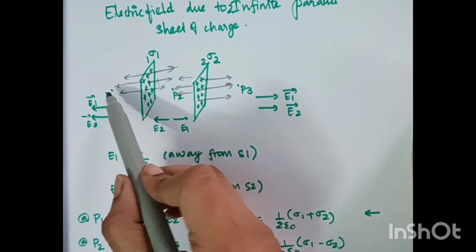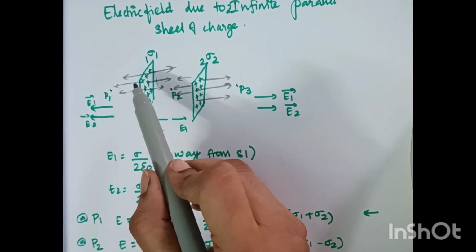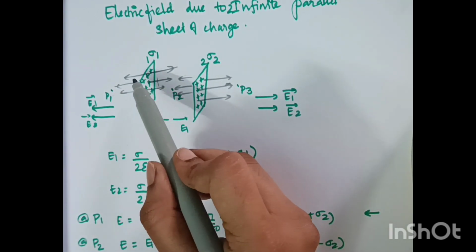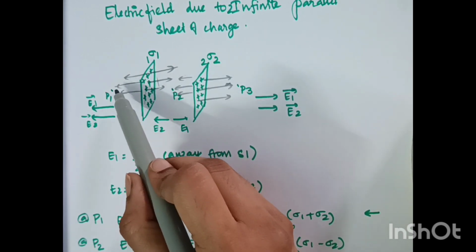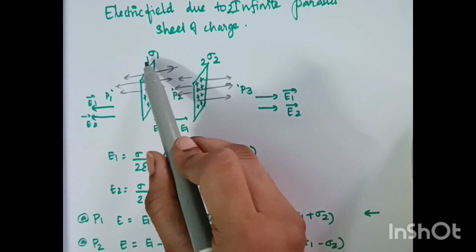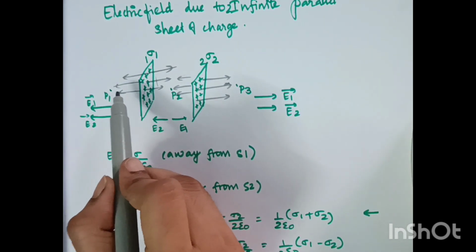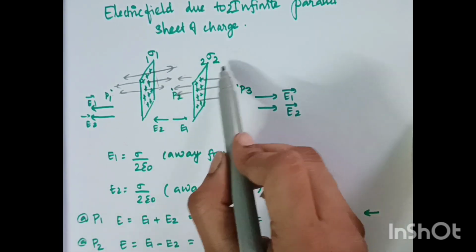If we take P1, it is lying towards the left of both the sheets. So we have to consider the left side. Because this point is located towards the left side of this plane sheet, what will be the direction of the electric field lines because of sigma 1? That is towards left, because you are considering the left side. Now what will be the electric field lines because of sigma 2?